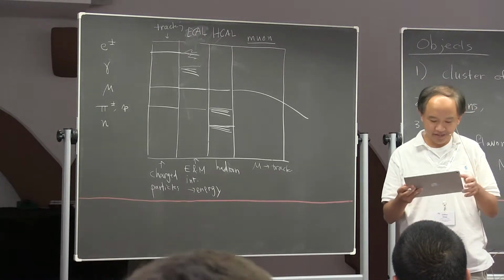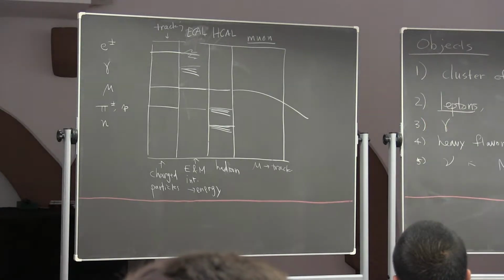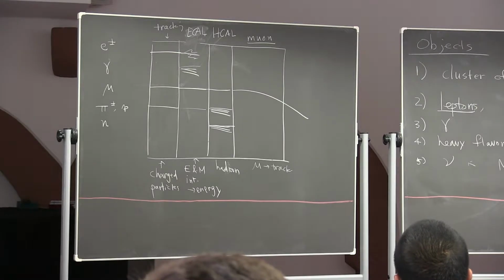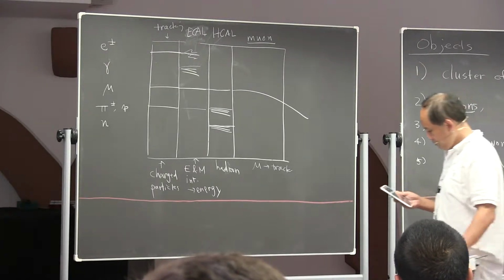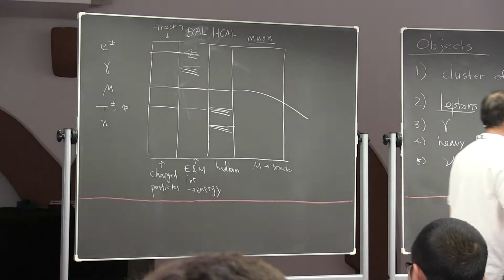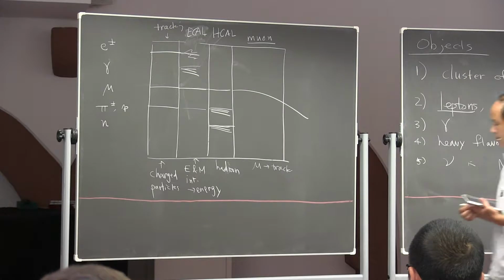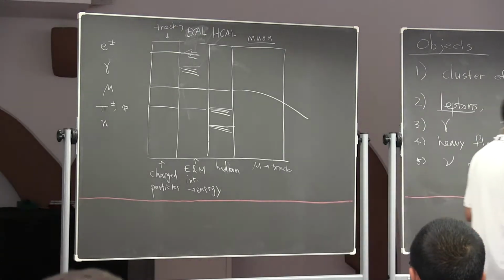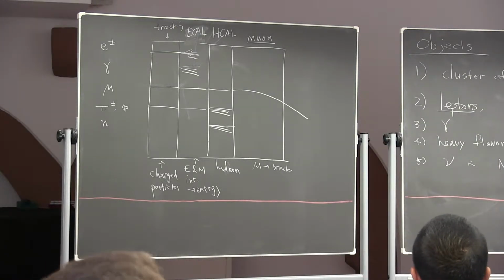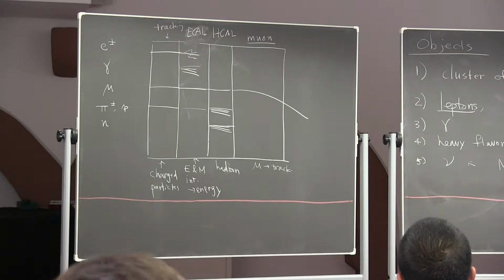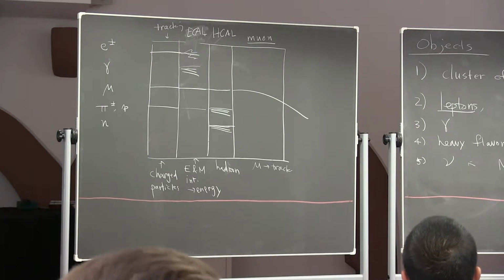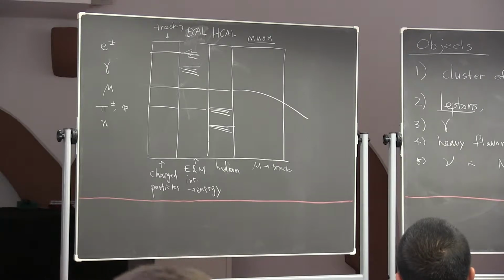So let's understand some of the standard model processes. Going through all of them is going to take a long time. I'm not going to do that. Let's just look at a few of the important ones.